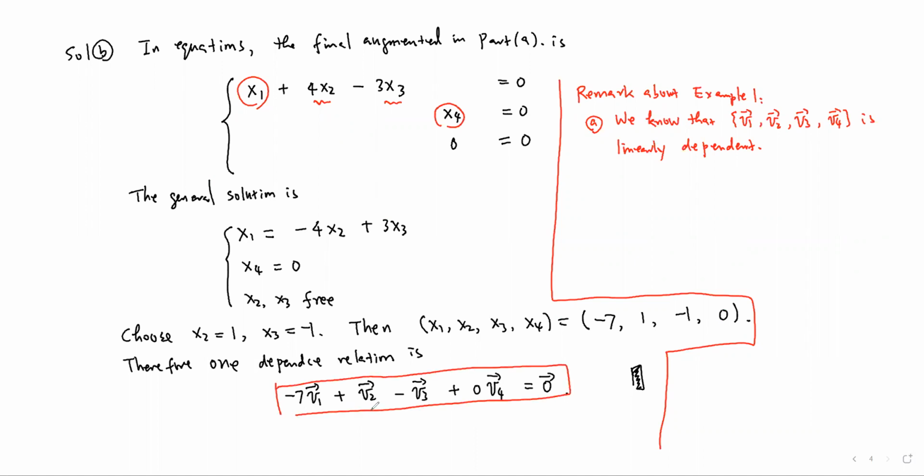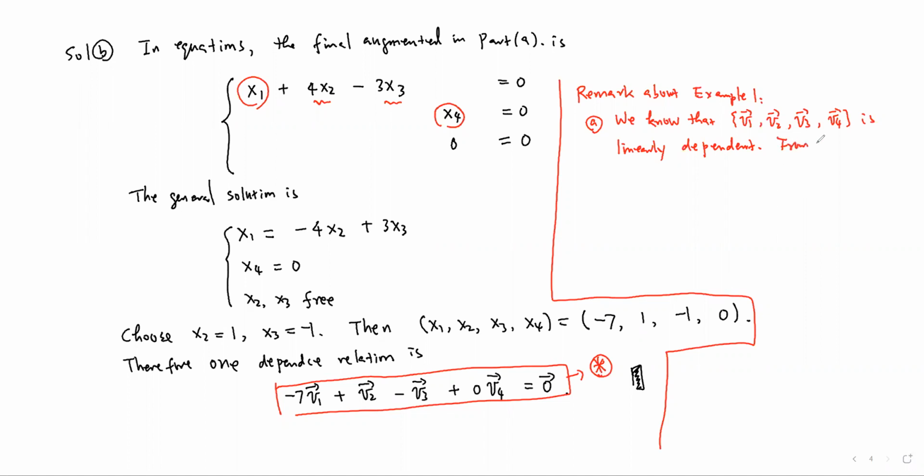From this equation, let me move V2, V3, V4 to the right side. Then divide the equation by negative 7. Let me give a name to this equation, say star.